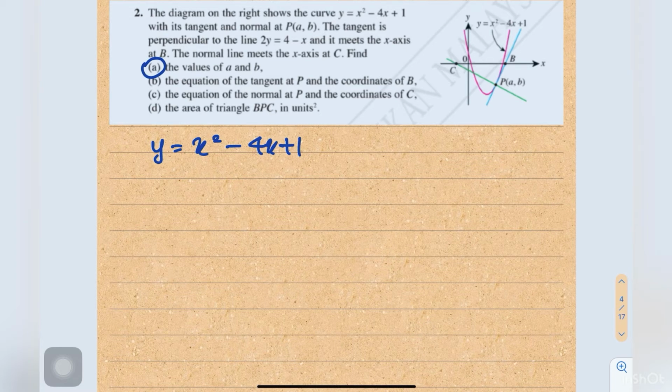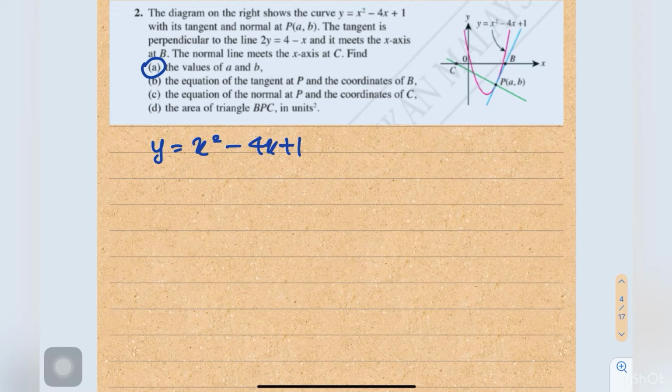So before that, we have to understand the question. Given the tangent is perpendicular. The pink curve is a curve. The blue straight line is a tangent.